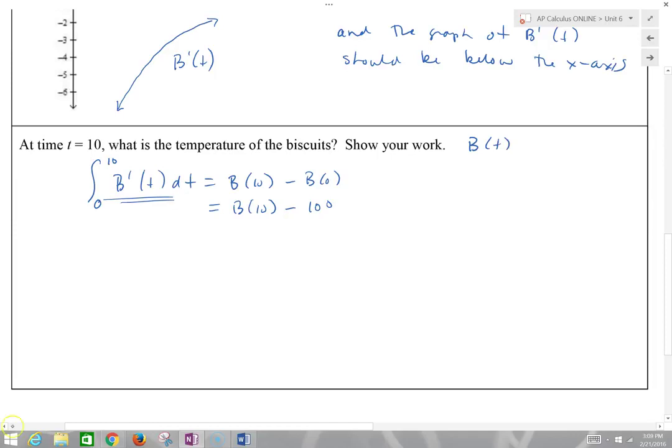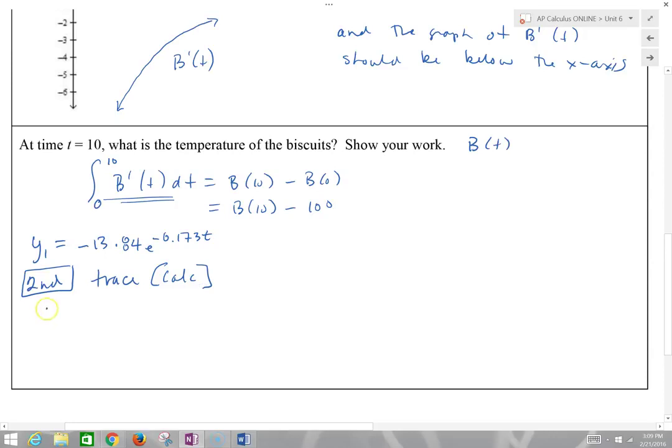So again, we're going to put that in our calculator. So y1 will be equal to the function b prime of t, which was negative 13.84 e to the negative 0.173 t. So that's going to go in our y1 or any of our y's. And you're going to hit second trace, which is the calculate feature.